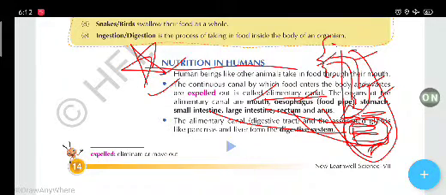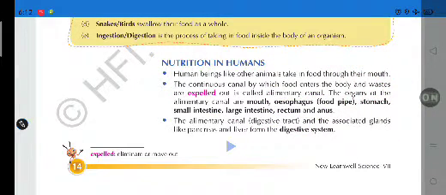This is also called the digestive tract. The alimentary canal, digestive tract, and the associated glands like the pancreas and the liver form the digestive system.